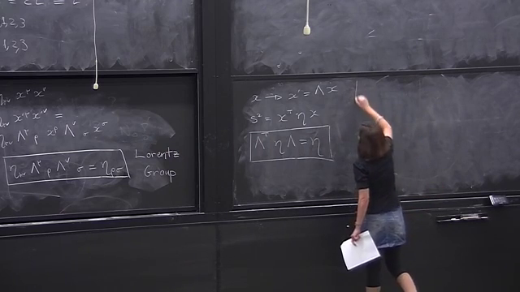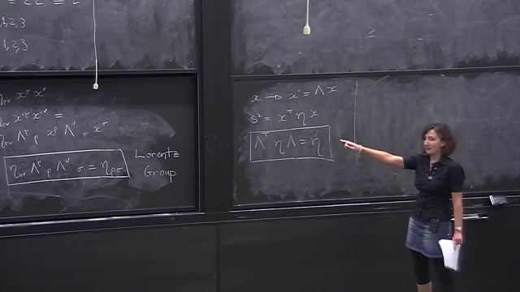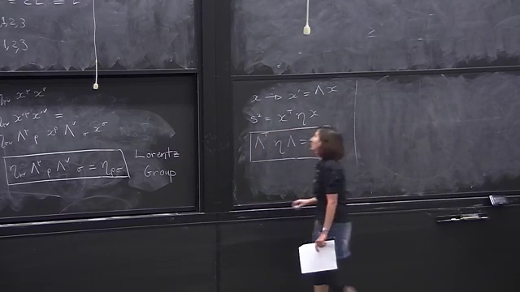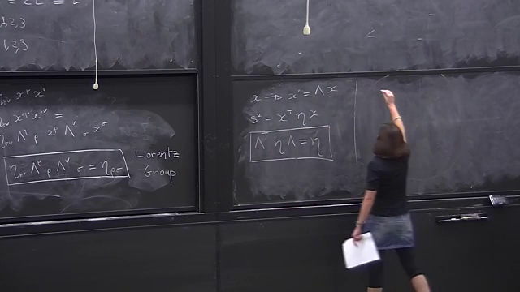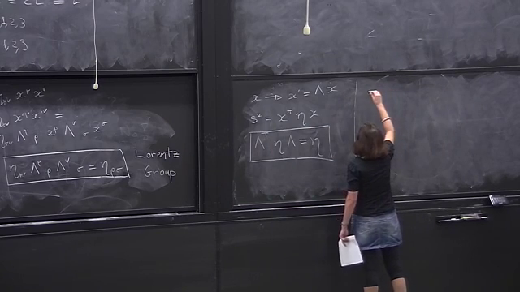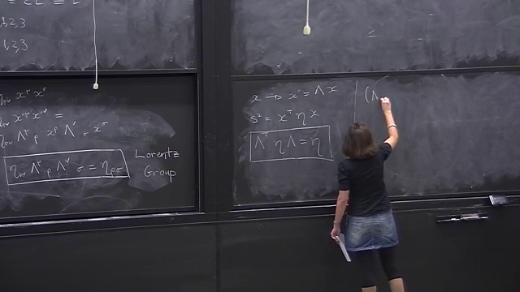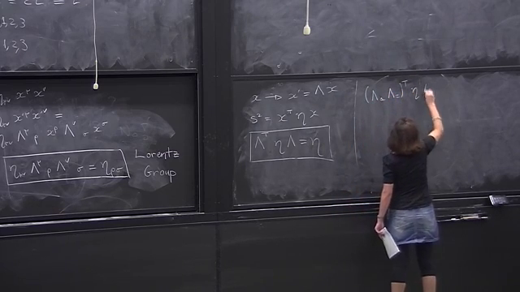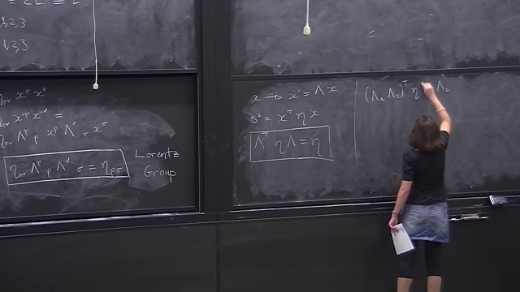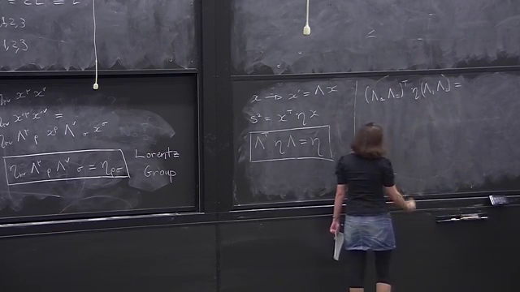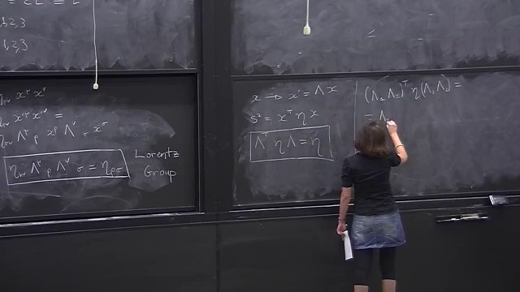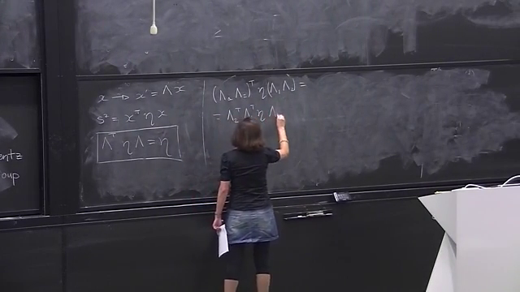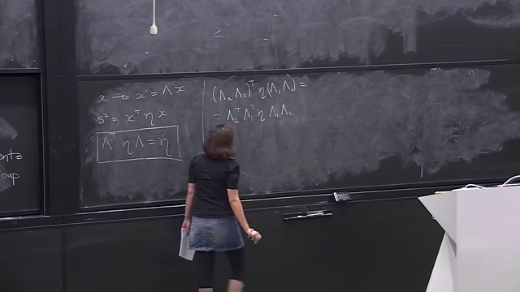Okay. It is easy to check that the Lorentz matrices actually form a group. If we combine two matrices, lambda 1 with lambda 2, this is equal to lambda 2 transpose, lambda 1 transpose, eta, lambda 1, lambda 2.